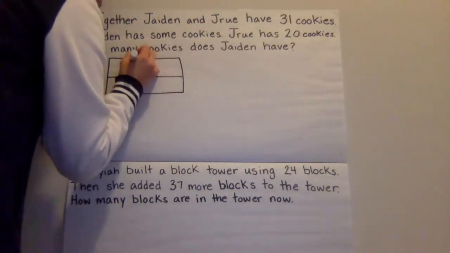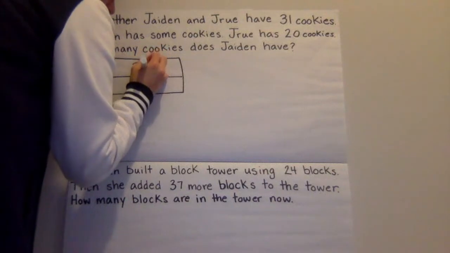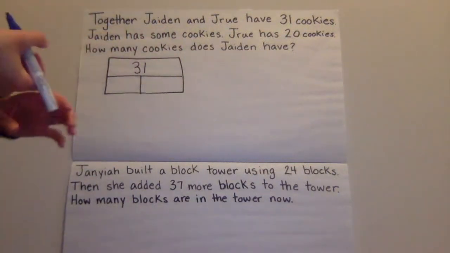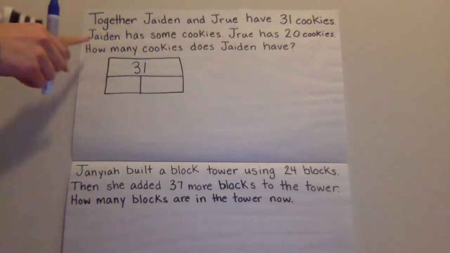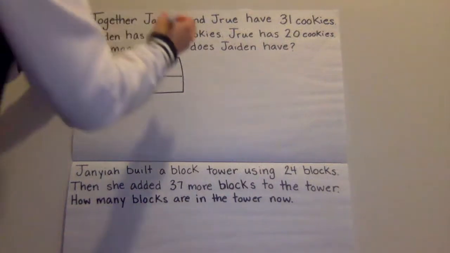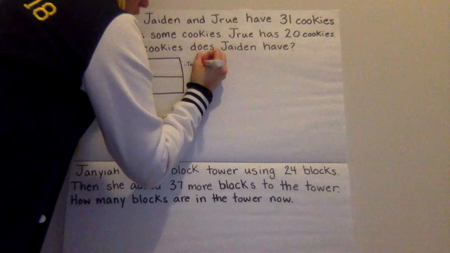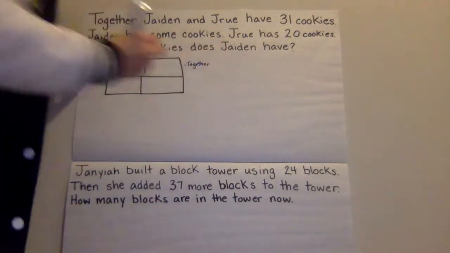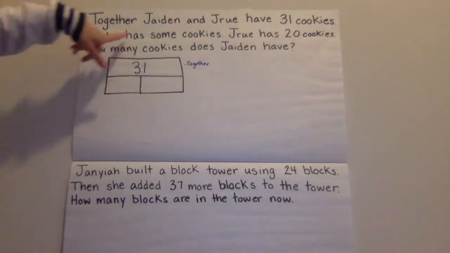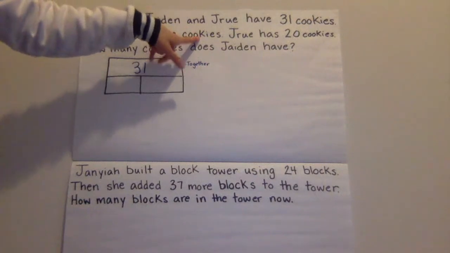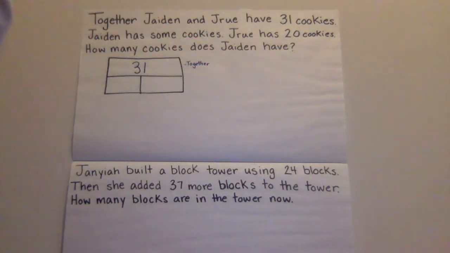Just write 31 in my total box. Cool. So now let's see what else we know. And that's them together. I'm either going to label that with the word together. Jaden has some cookies. Do we know how many Jaden has?